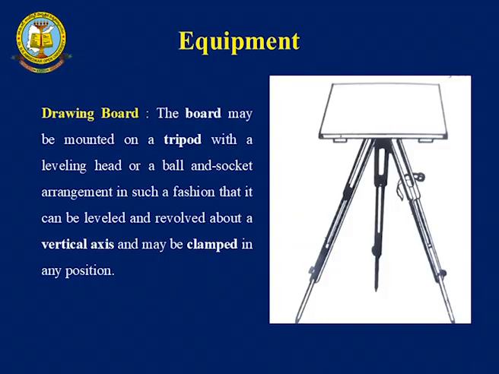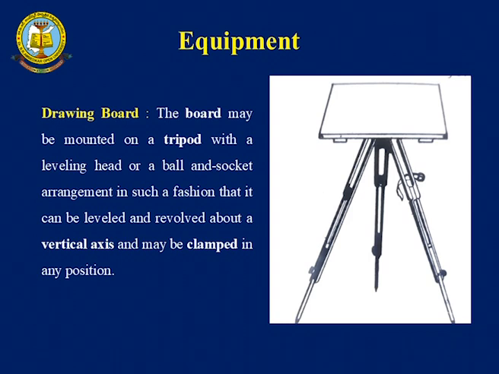Now you see this slide. The first item is the drawing board, and this board is mounted on a tripod, meaning three legs. It is fixed to the tripod with a leveling head or a ball and socket arrangement.